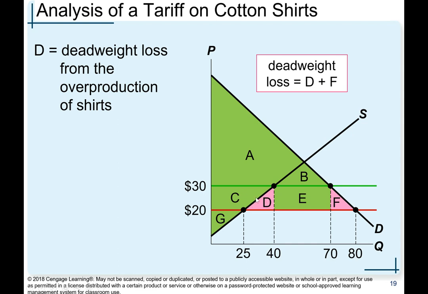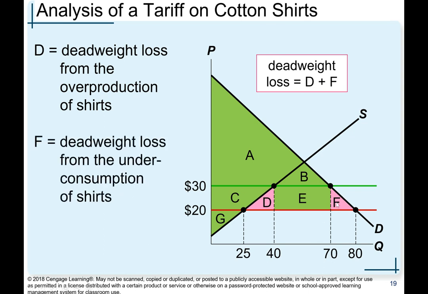D is a loss from overproduction. In other words, the marginal sellers who enter the market are not exactly the most efficient ones. They are only in the market because they are protected by the tariff. So this area D is a loss of surplus due to overproduction.